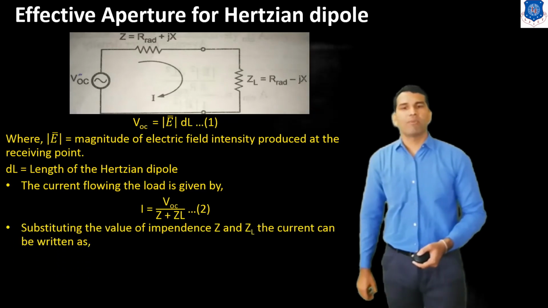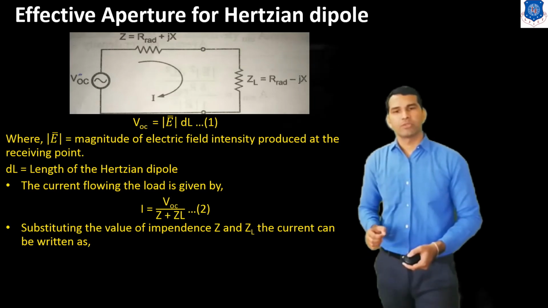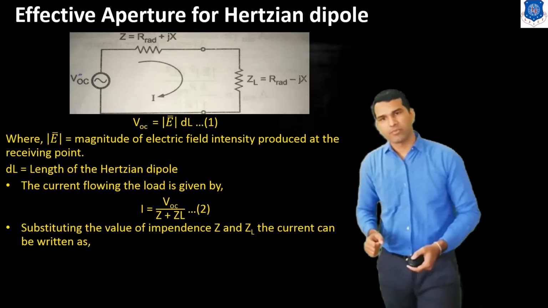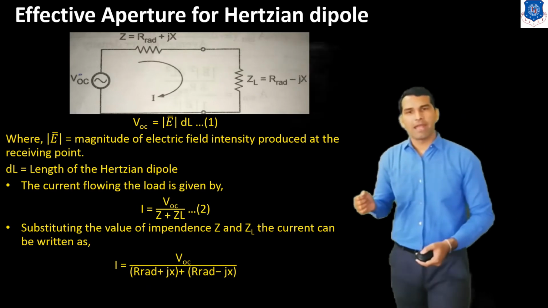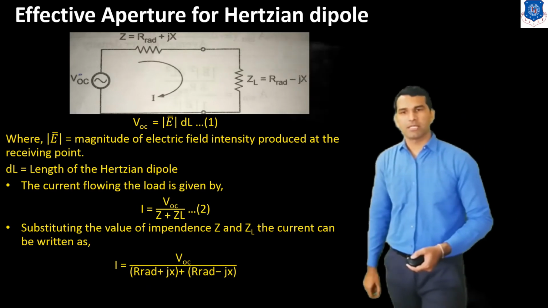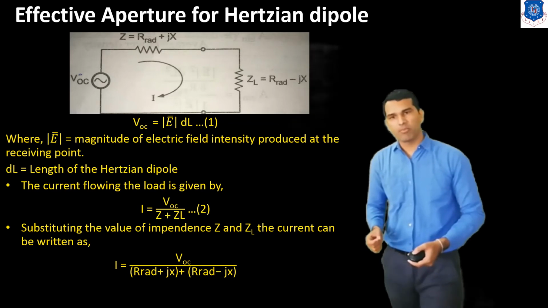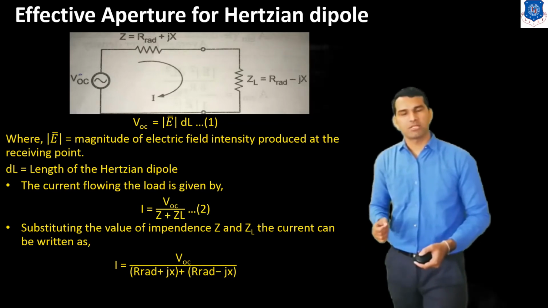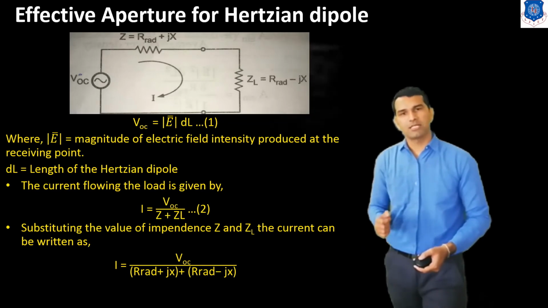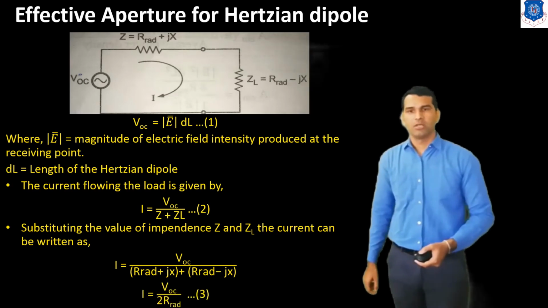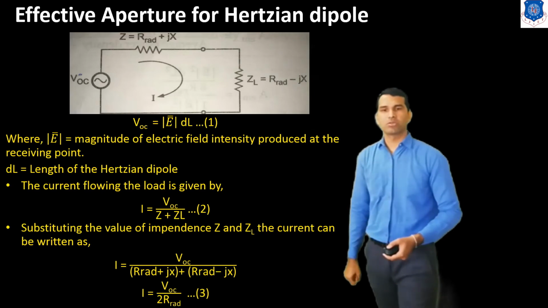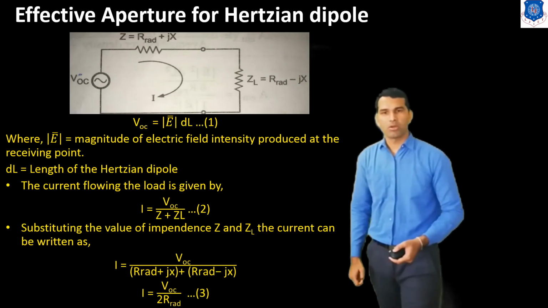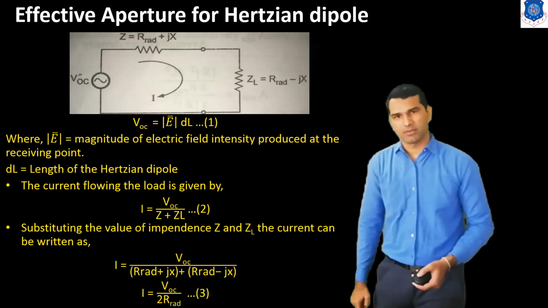Substituting the values of Z and ZL, we get I is equal to VOC upon R radiate plus jX plus R radiate minus jX. When we solve this equation, we get I is equal to VOC upon 2R radiate.